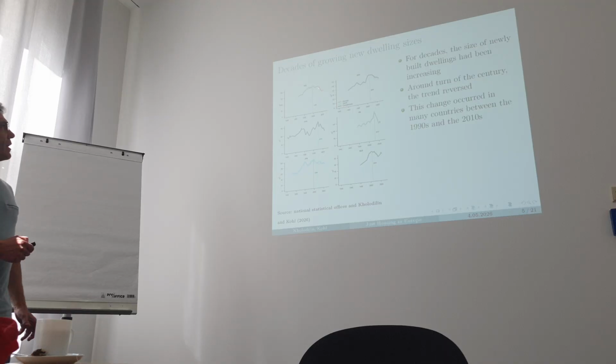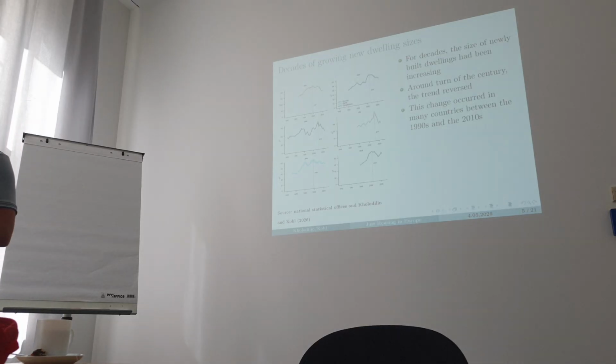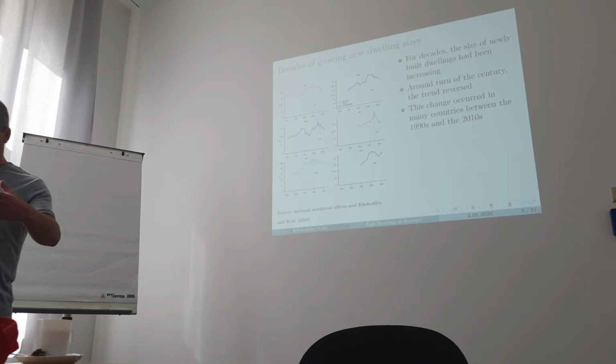For example, in Belgium and Japan, it happened in 1999. And in Denmark and Ireland, it happened after the Great Recession, 2008-2009. Well, this process was taking place within one good decade.